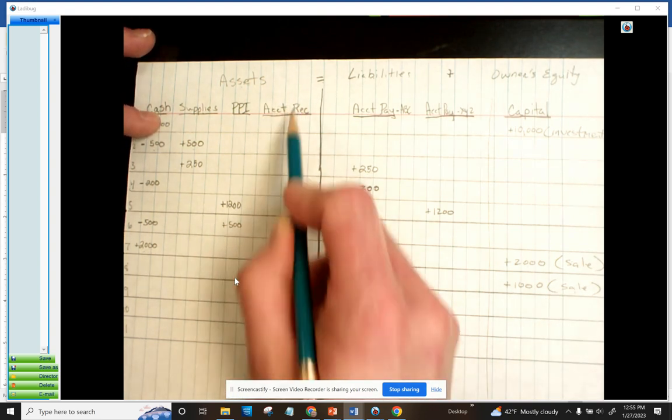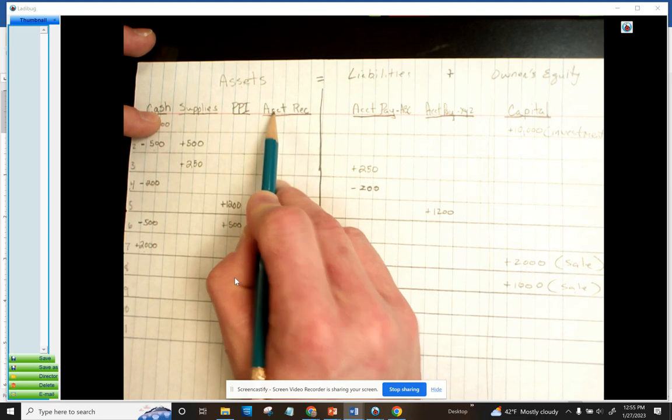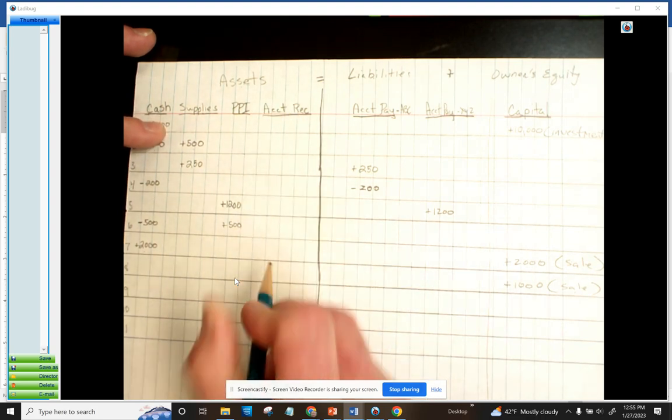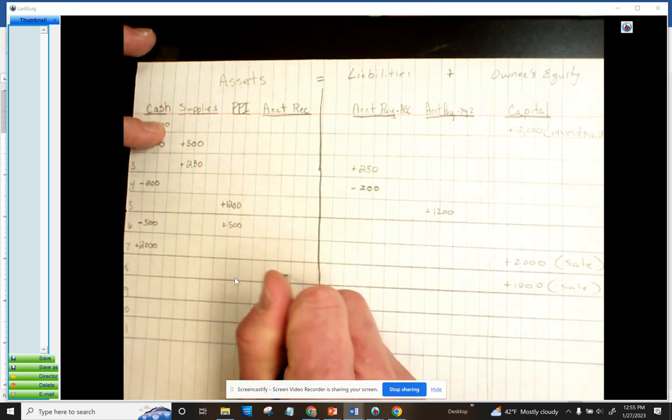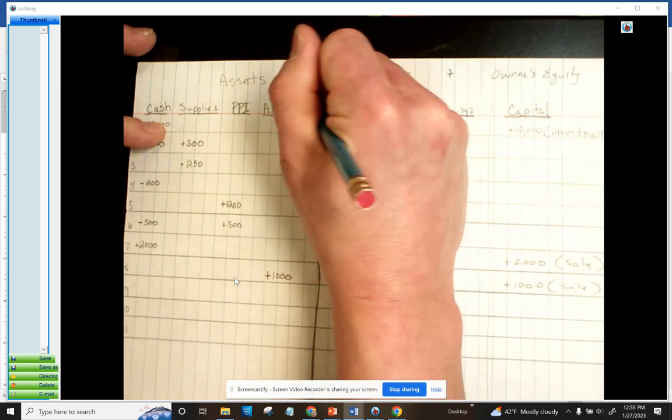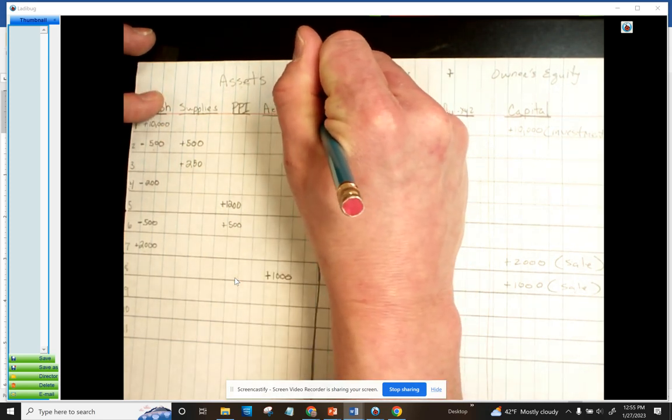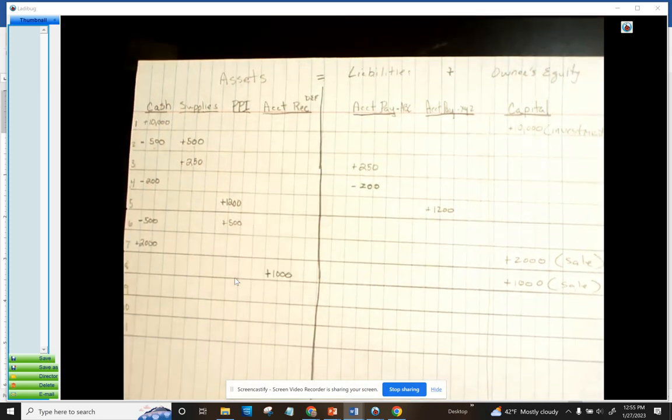So we have accounts receivable, an account that we're going to receive money at a later date. They owe us $1,000. Let's call it DEF Company. Owes us $1,000. Now, when they pay us later, our cash will go up and our accounts receivable will go down.